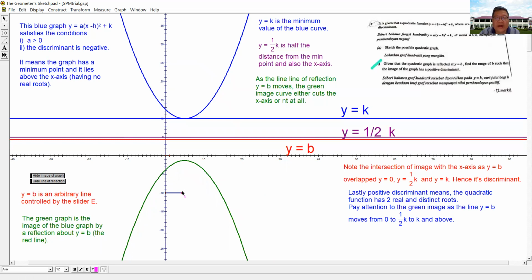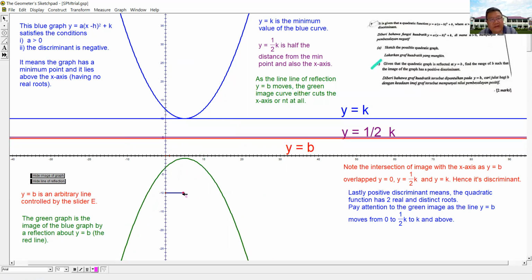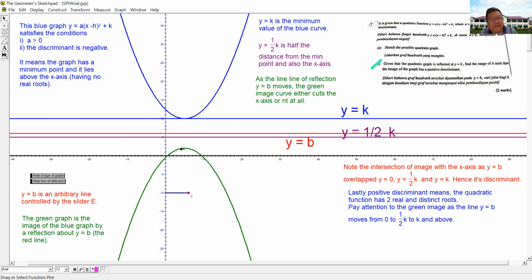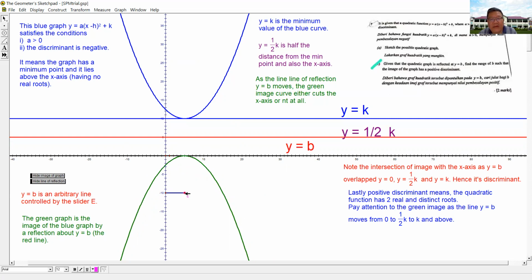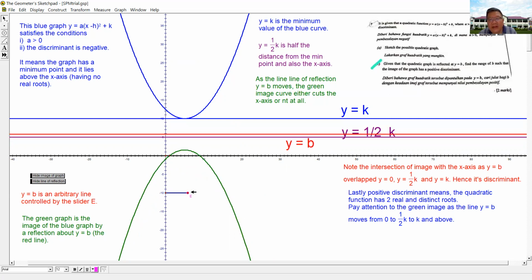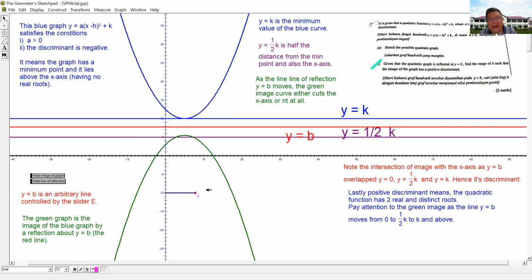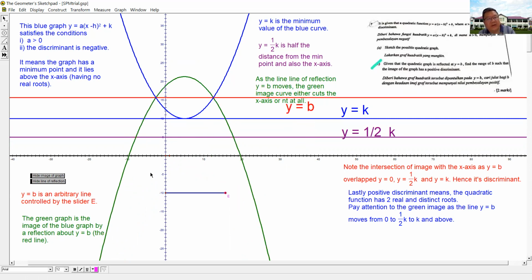So now the question asks for the range of b such that the image of the graph has a positive discriminant. In order to have a positive discriminant, the green curve must have 2 points of intersection. To have 2 points of intersection, the value of b must be greater than half k. Anywhere greater than half k, we will have 2 points of intersection.